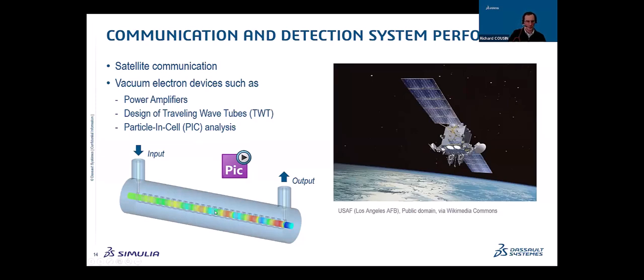Then you need to compute the interaction process that you have within the RF structure in order to calculate the gain and the amplification that you have from a signal that you introduce in the input, which is then amplified along the beam and then extracted here in the output. This is exactly what the PIC solver can really perform to design such a structure.